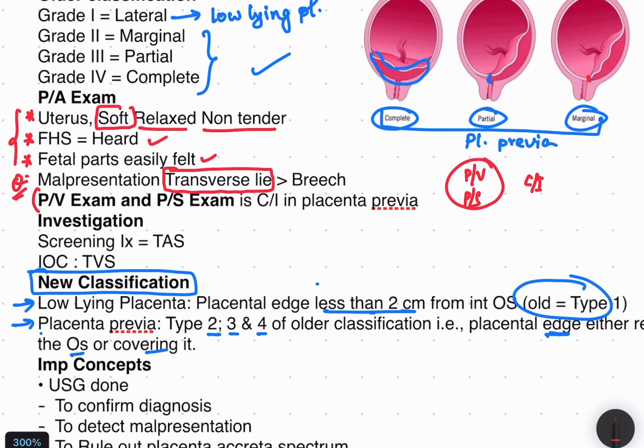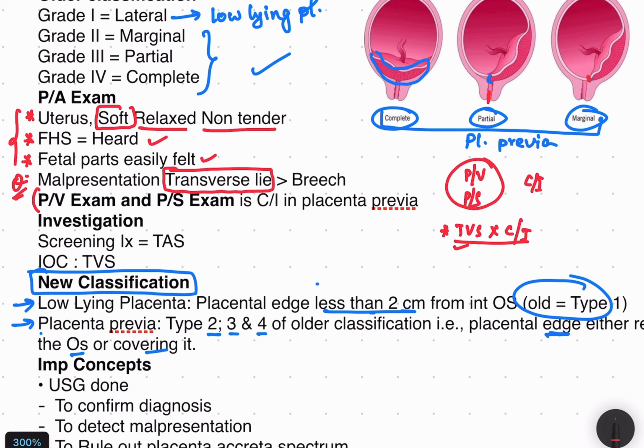That is very important. But transvaginal sonography is not a contraindication. You might ask, in transvaginal sonography the probe is kept inside the vagina, so why is it not a contraindication? Because the probe is not near the internal os, it is much away from it.